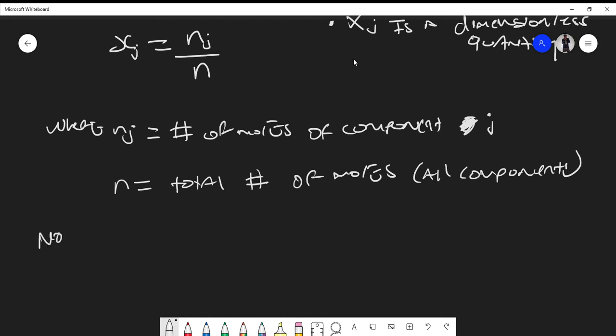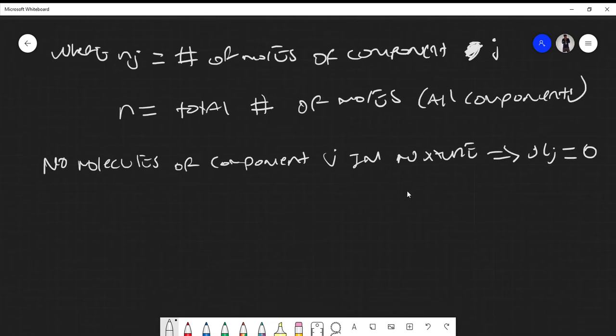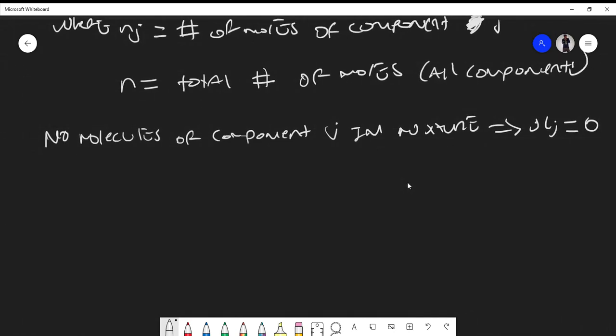Now remember that if no molecules of component j are in a mixture, then xj is equal to 0, right? So that's a critical point that we need to make.